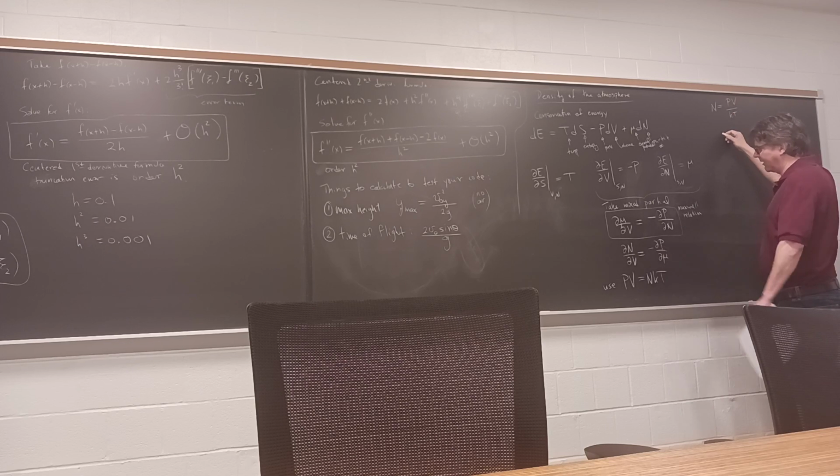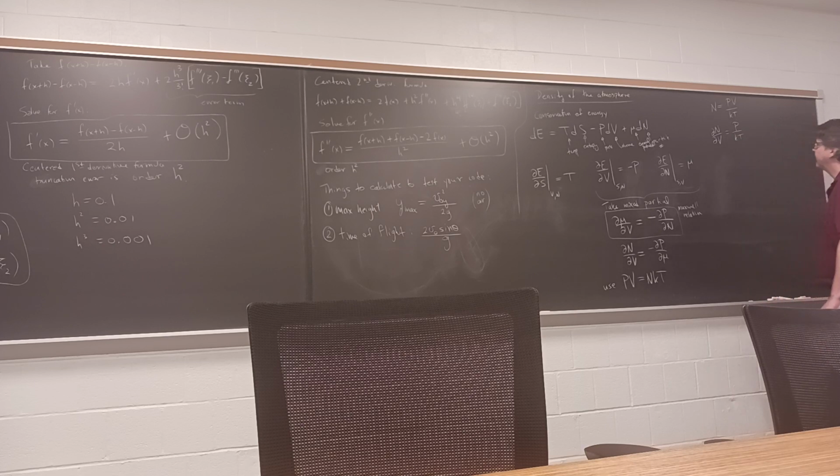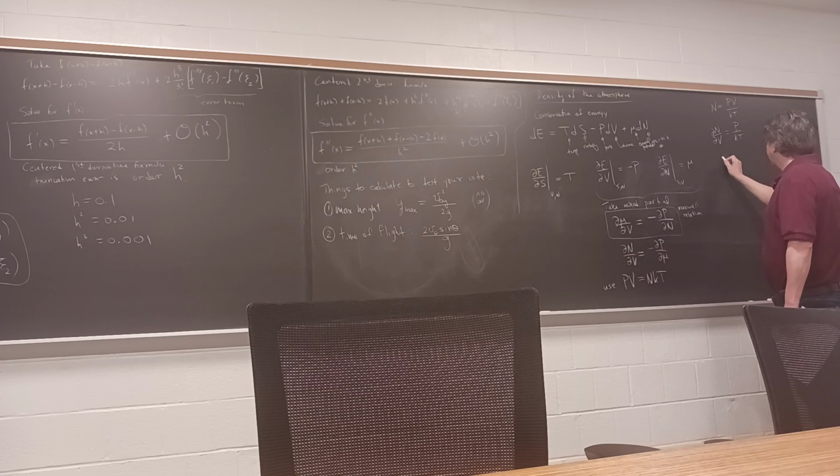And then I can take my derivative, so dN by dV is equal to P over KT. Okay? So now I can just plug that in for the derivative here. So we'll have P over KT is equal to minus dP over d mu.